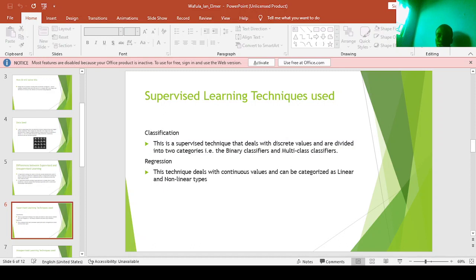Then regression deals with continuous values and can be categorized as linear and nonlinear types.